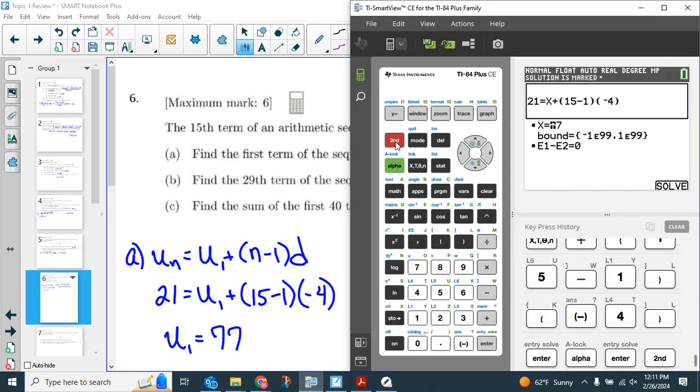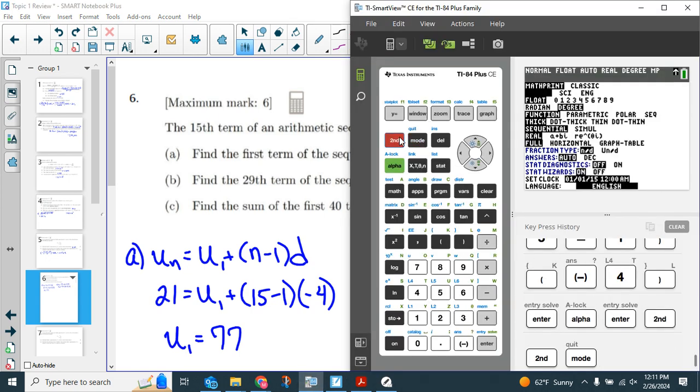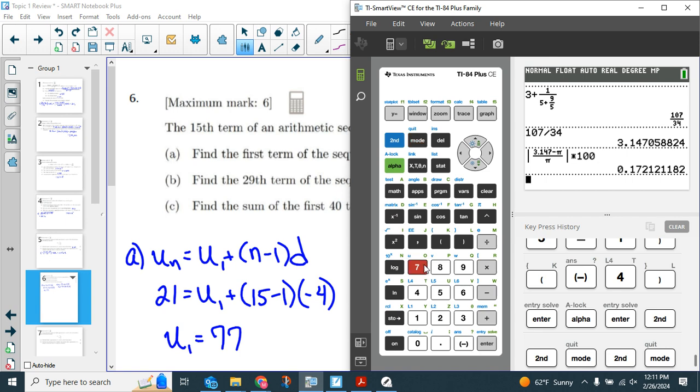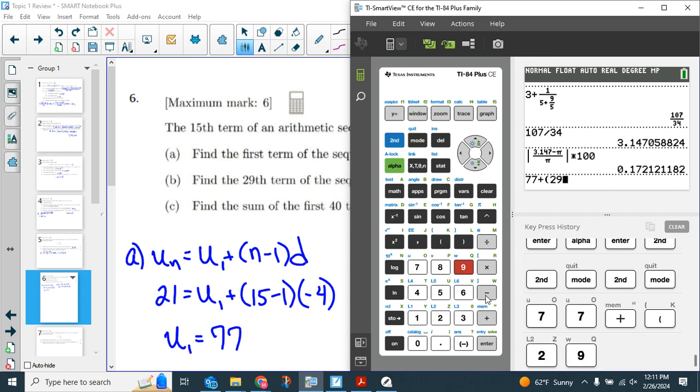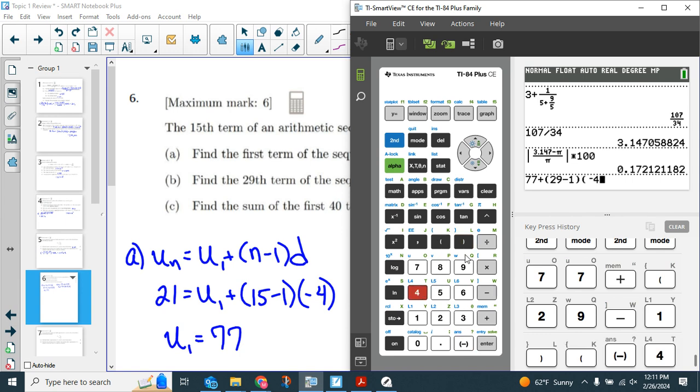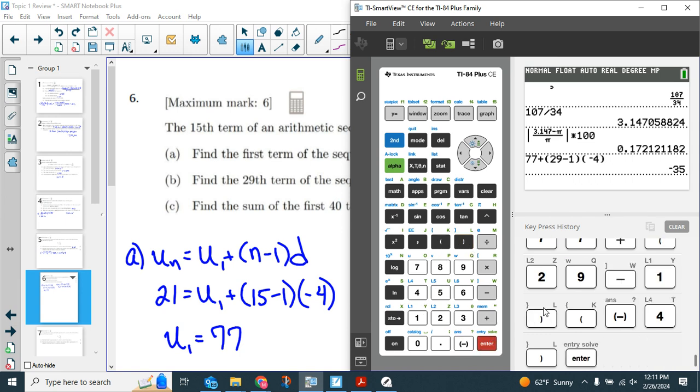All right, so 77 plus 29 minus 1, of course you could just put 28 there, times -4, is -35.